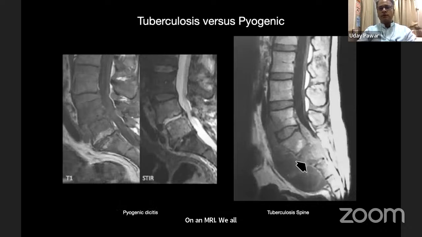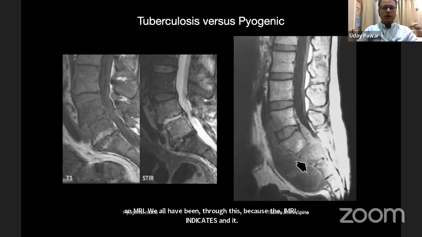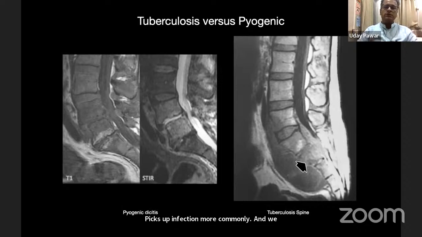We all have been through this because the MRI over-investigates and picks up infection more commonly, and we all have this debate of whether it's pyogenic or tuberculosis. For the most part, you can differentiate, but I think it should be a histopathological and a culture diagnosis rather than just reading on the MRI. But roughly, you can make sense of a pyogenic discitis, wherein the disc space is affected more commonly.